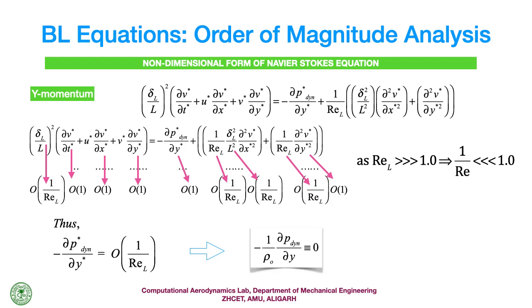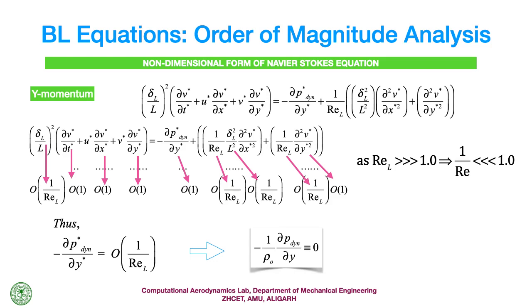The first term of the viscous term is 1 over Re_L, and the second order term is of the order of δ_L over L, again of the order of 1 over Re_L.